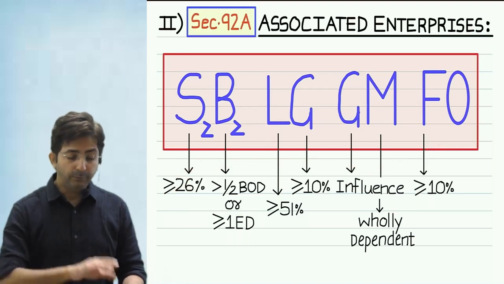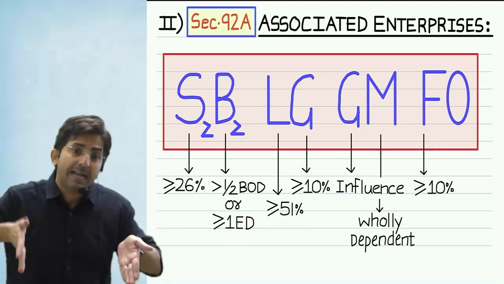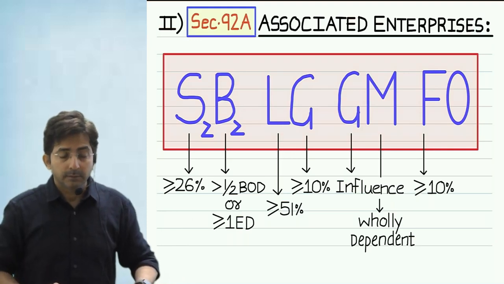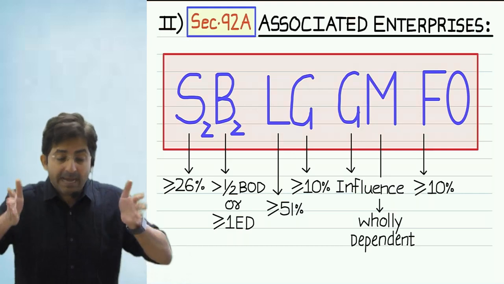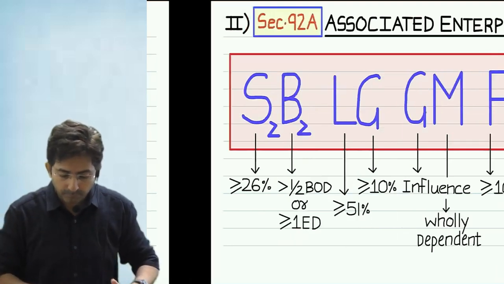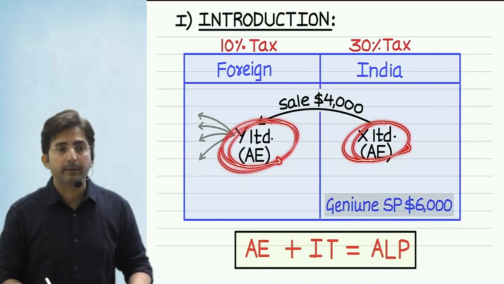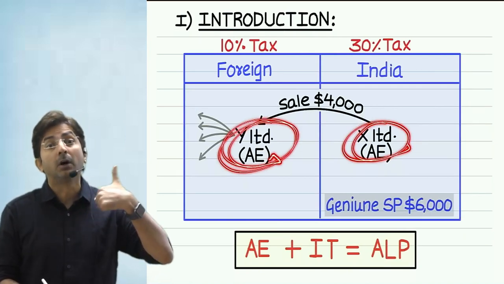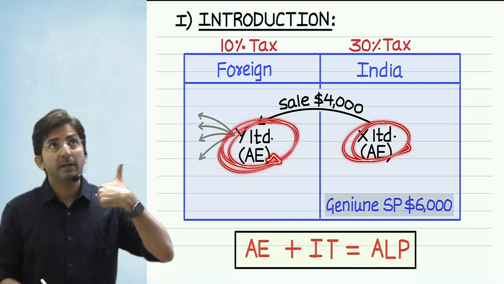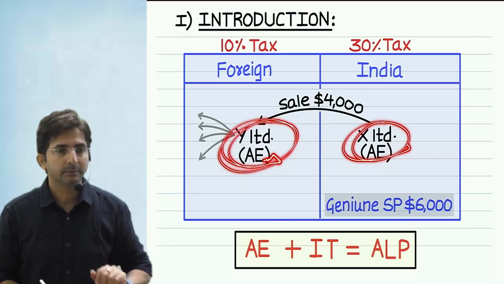Yes, we cannot see the status of past and future year, we have to see that year only. See, in that year law says any day, any moment, but that year. This means what? That X Limited has sold the goods to Y Limited. There was 26% shareholding in past years. So that past year's shareholding has got no connection.